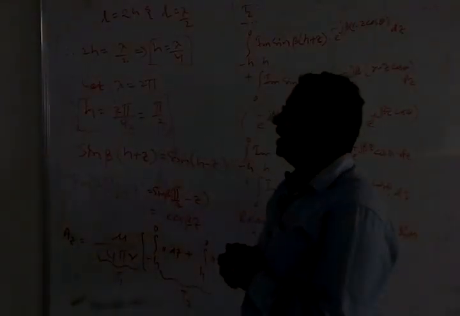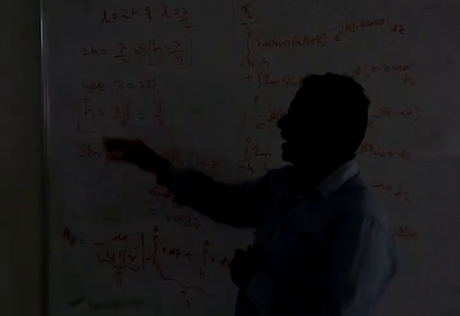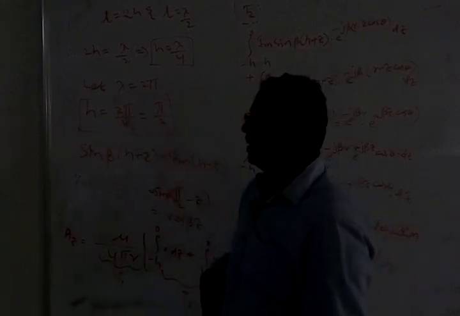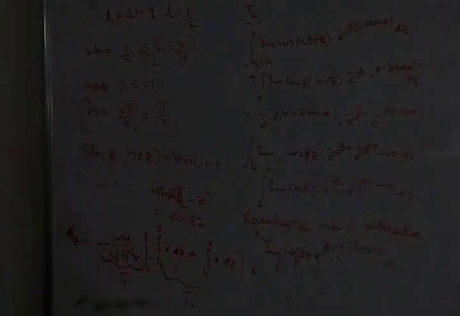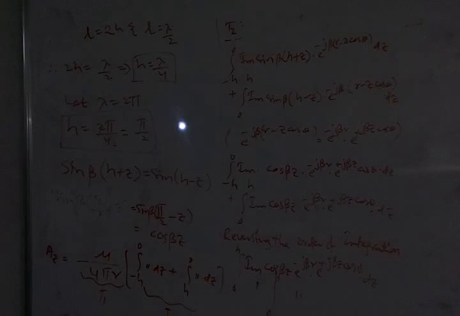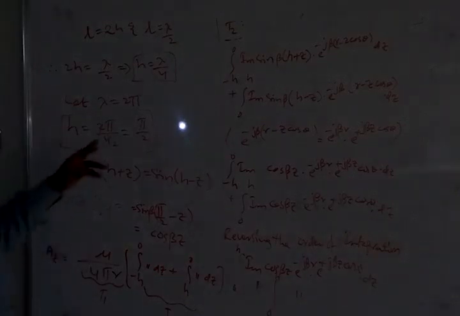Now by letting lambda equal to 2 pi, H becomes 2 pi by 4, so H is equal to pi by 2.